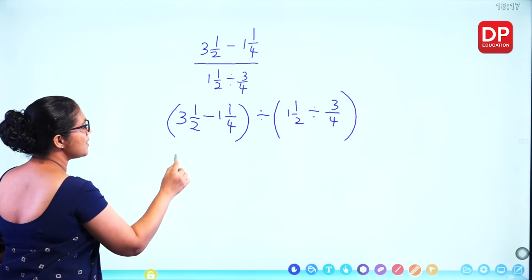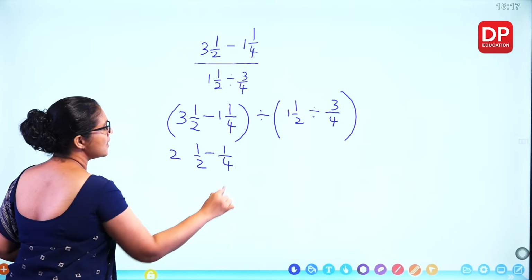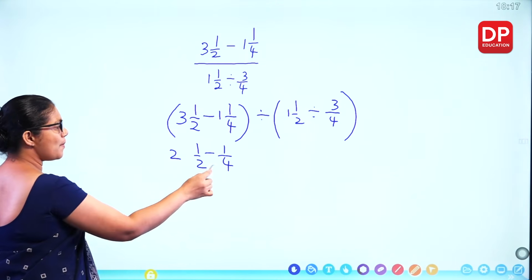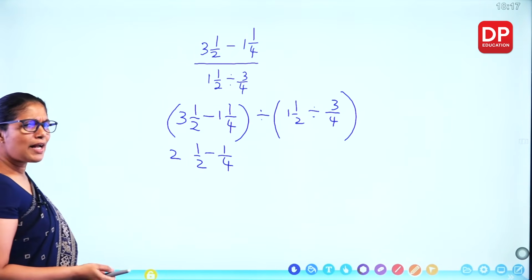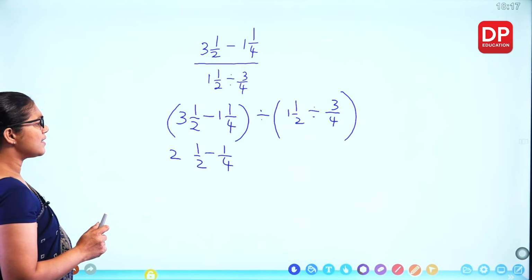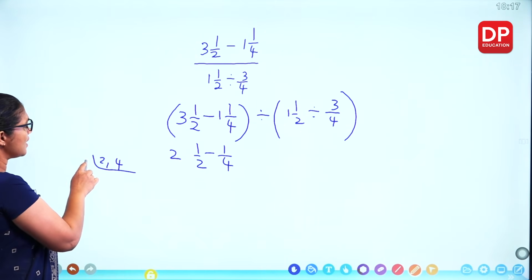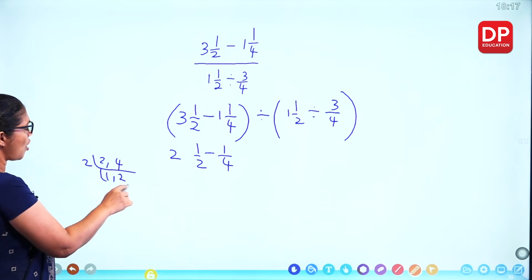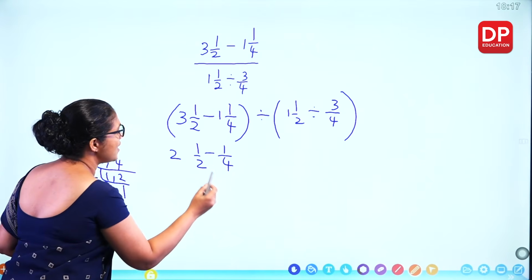Subtraction here, 3 minus 1 is 2, and you get half minus 1/4. Convert to the same denominator. 2 and 4 you know already. What's the lowest common multiple? If you can't do that at once, you better use this method to find the lowest common multiple. But if you know it at once, you can straight away write down 2 and 4.